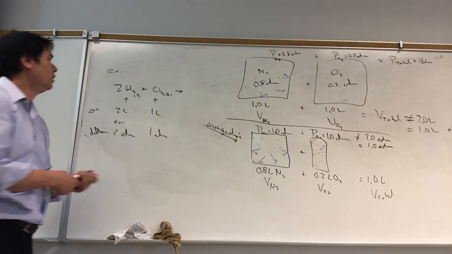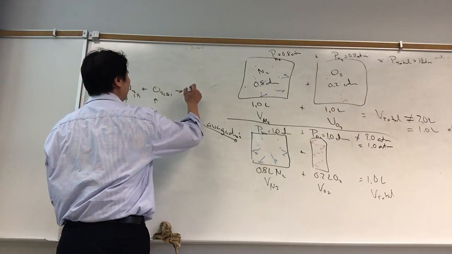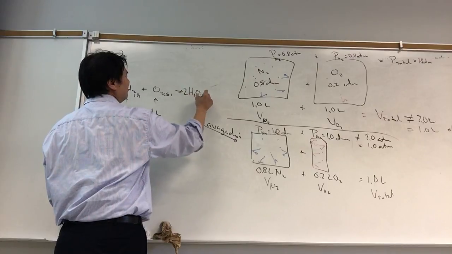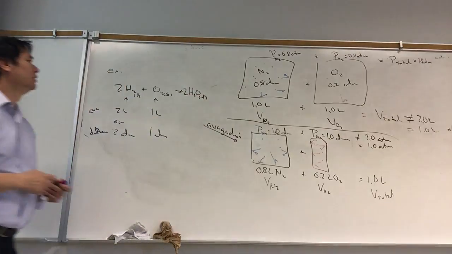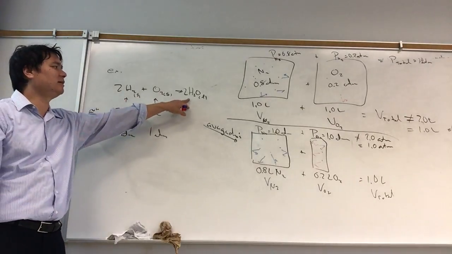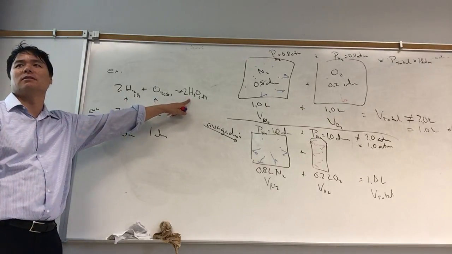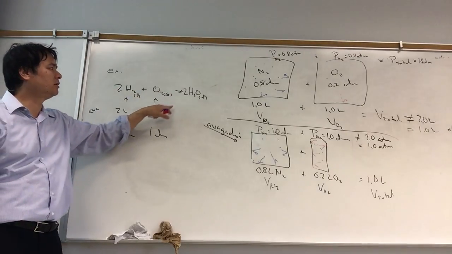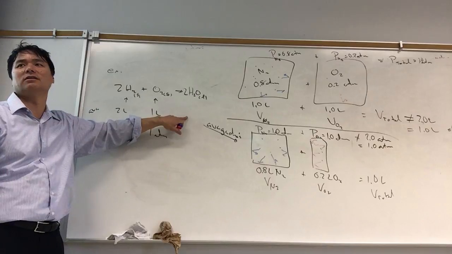Well, if I do that, how many liters of water will I form? So if I take 2 liters of hydrogen and 1 liter of oxygen, how many liters of water will I get?